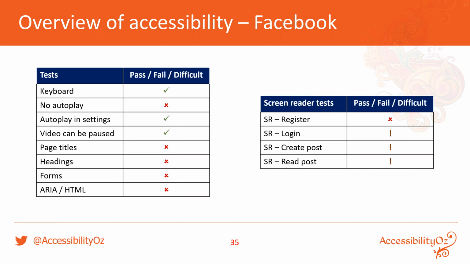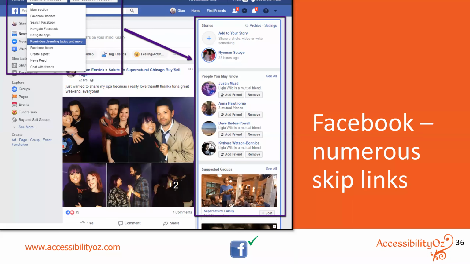One of the things that we found with Facebook is that their headings were not coded as headings. They were coded as span role equals heading, which is really not a good thing. And also with the iOS Facebook, it is possible that there were ways to create a post with accessibility features, just the screen reader user couldn't find it.